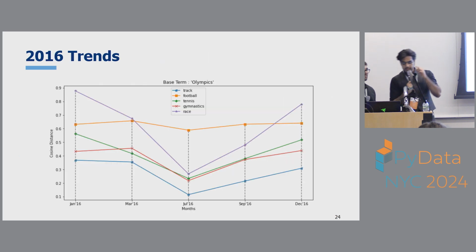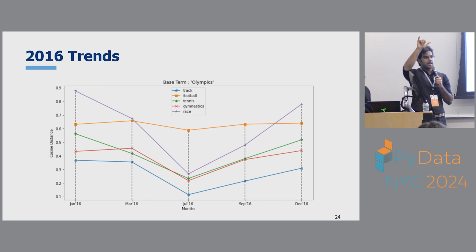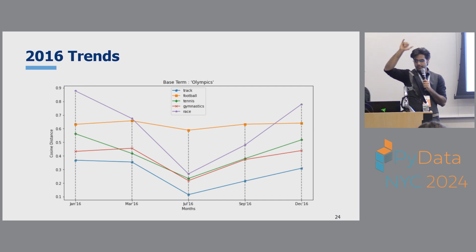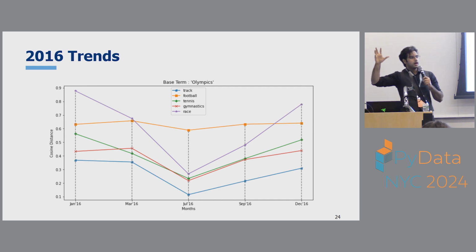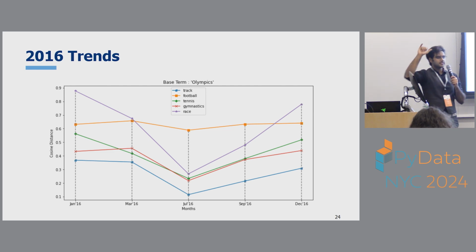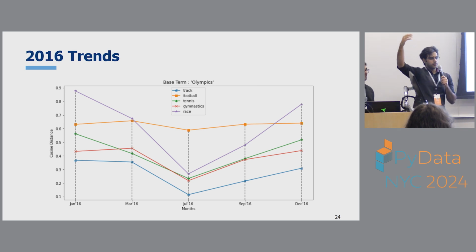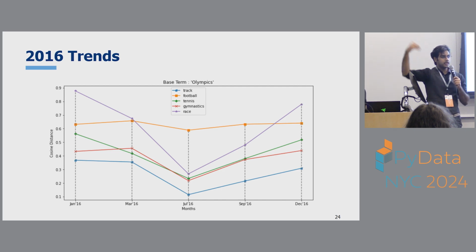We can see in this graph that I've taken every couple of months: Jan 16, March 16, July 16, September 16, and December 16. This is not just 1 month, it's a couple of months around them, so you can guess around 3 months worth of data is just one splice, which is then used to train Word2Vec models.